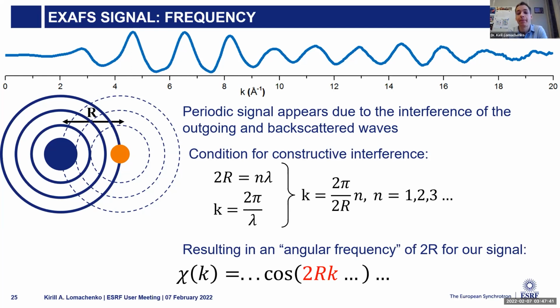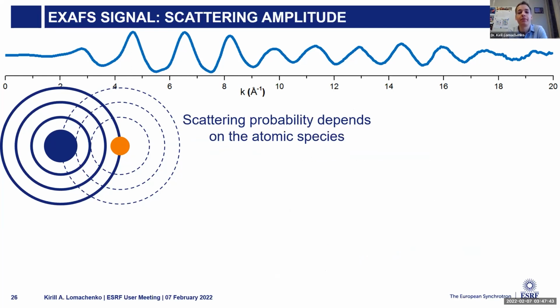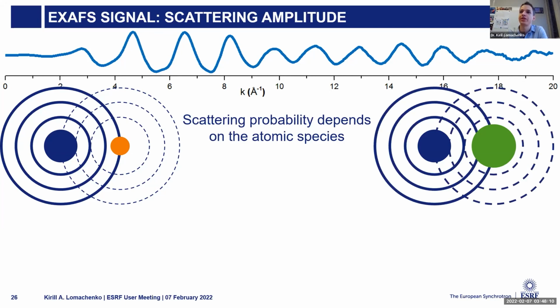Then the scattering probability depends on the atomic species. So when we have the blue and orange atoms on the left, you have the particular probability of the orange atom to backscatter the photoelectron wave towards the blue atom. But if instead of the orange atom, you have the green atom, so a heavier one, the probability to backscatter will be higher.